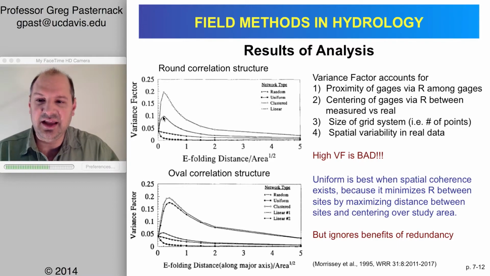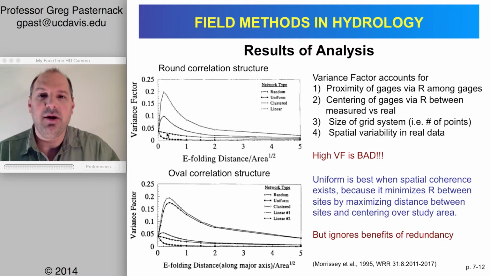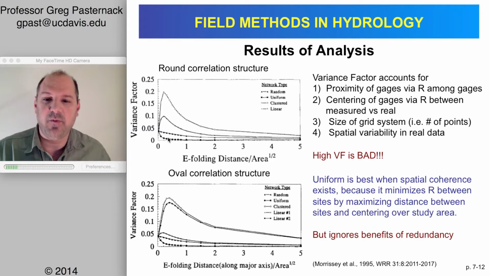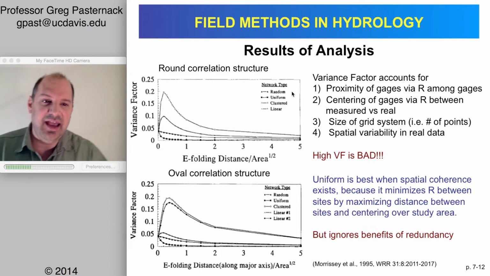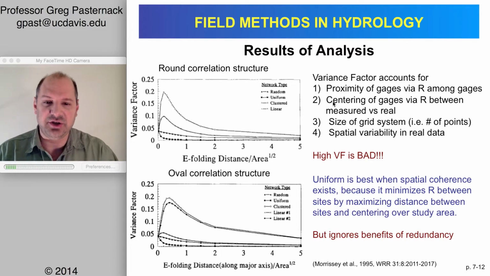Then the next is linear sampling, because again, these are the two that are missing the most amount of area. And then the interesting thing is that random performs worse than uniform. The reason why uniform is performing best is because it is optimizing that the gauges are far away from each other and covering the totality of the correlation structure, and it's just centered all around the correlation structure.